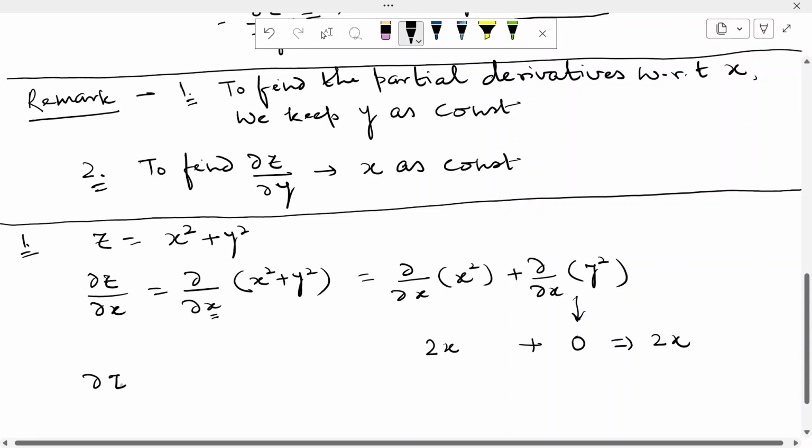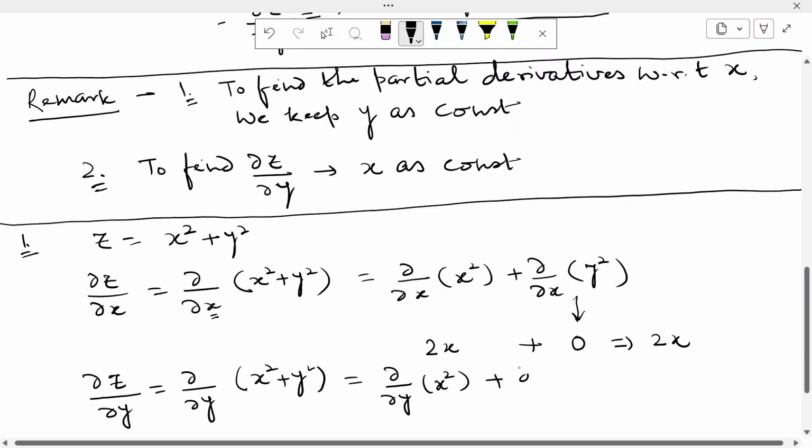Now if you have to find the derivative of z with respect to y, if you put the expression here, this will be del over del y of x square plus del over del y of y square.